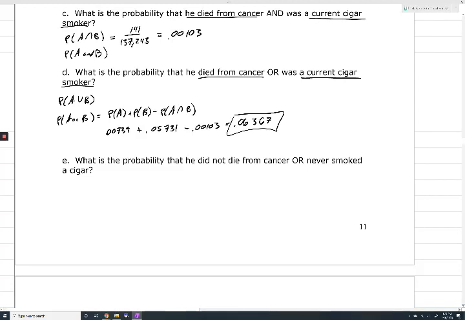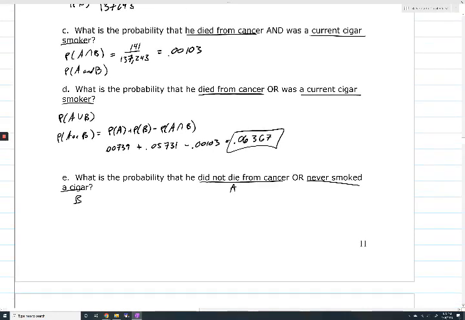And then last, what is the probability that he did not die from cancer or never smoked? So we'll switch it up. A is now he did not die from cancer, and B is now never smoked.